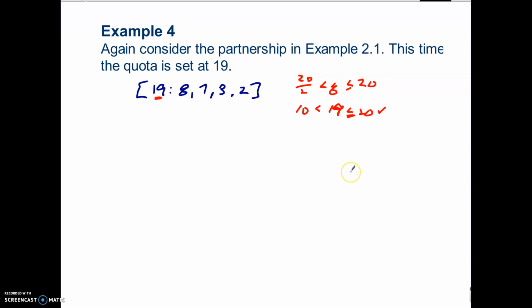So now let's look at a situation here with this quota at 19. Let's suppose that player 1, player 2, and player 3 all vote yes.